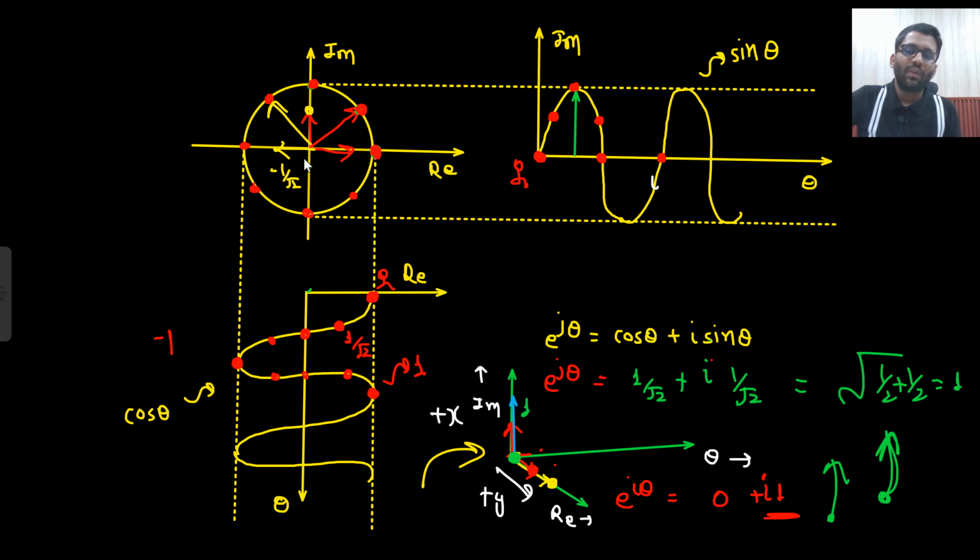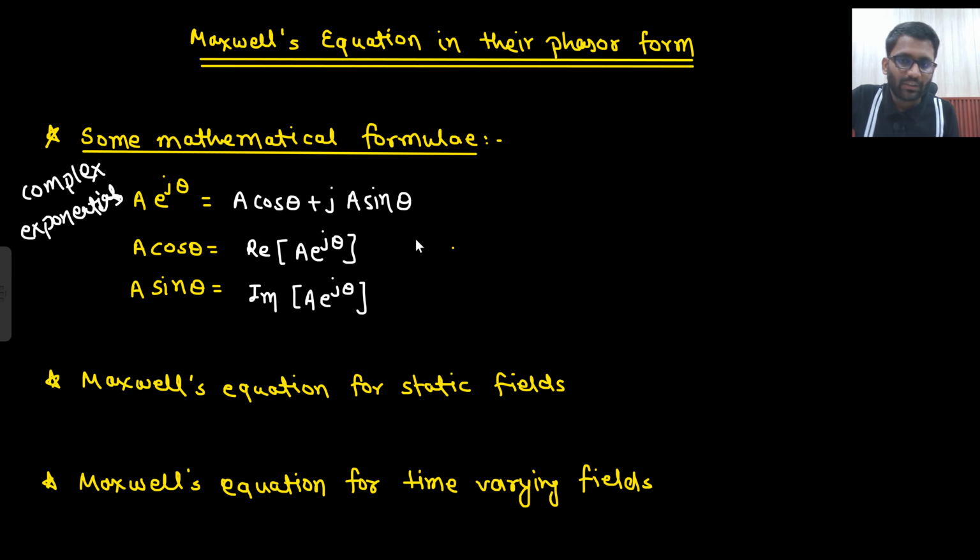What did we get to know? That it covers a cycle, then again it reaches the same point. That's why it is known as a periodic function. We know our sinusoid is periodic. Cosinusoid is also periodic. But did you ever think why e to the power j theta is periodic?